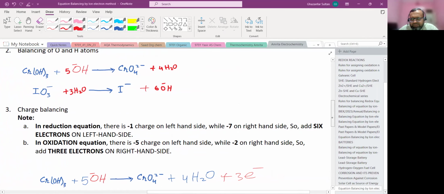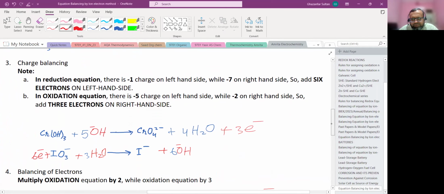Now the charge balancing has the same rule, just like previous, but see what is here. There is -5 total charge on the left hand side, because chromium hydroxide has no charge, but there are 5 hydroxides, so -5 is on the left hand side. And on the right hand side, initially there was no electron.